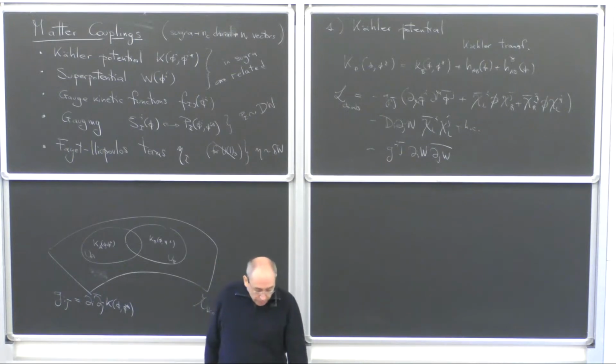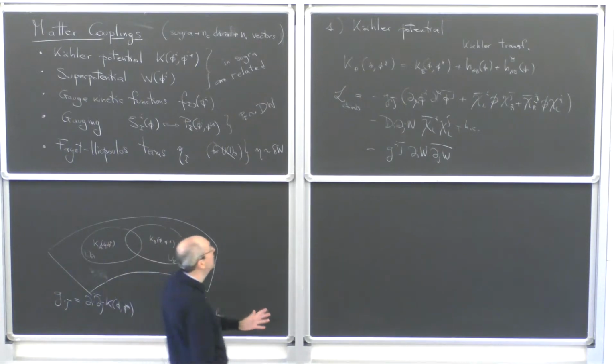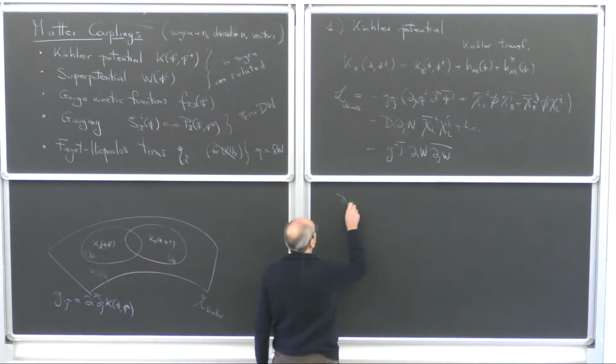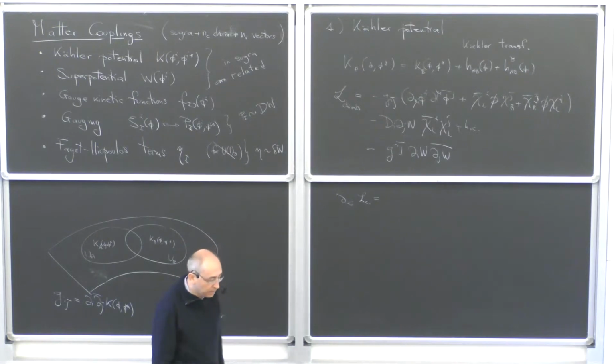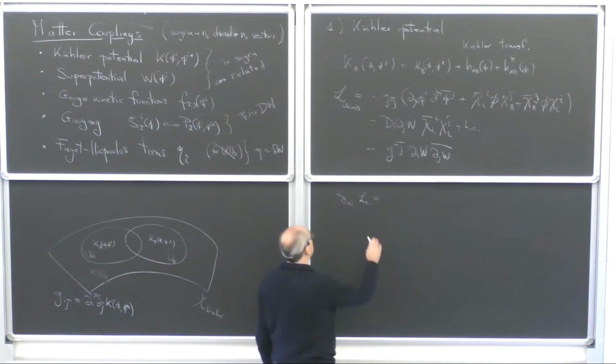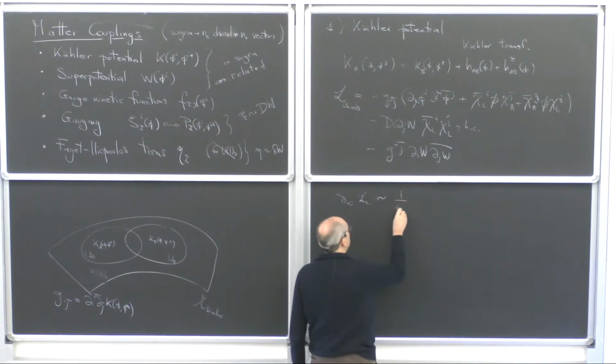Now, what happens when you try and make supersymmetry local? The same thing we discussed in the very first lecture. If you take the variation of this Lagrangian, you will end up having something here. Well, the coefficient is not too important here.